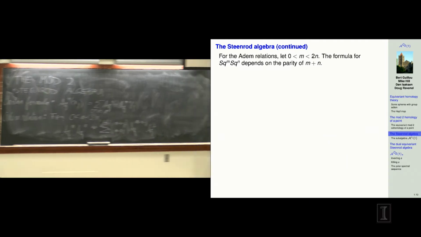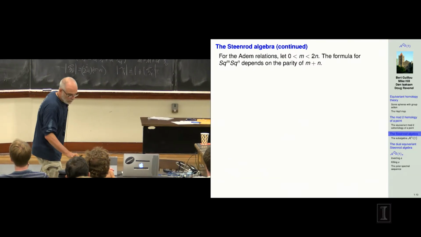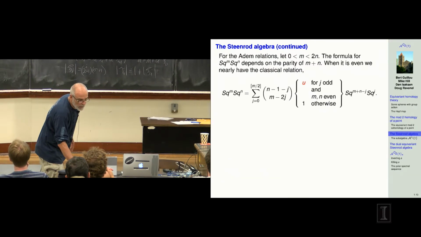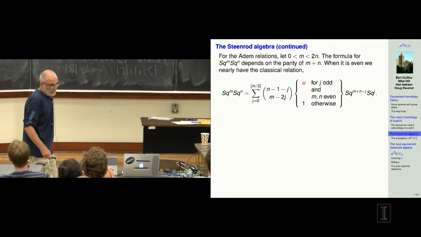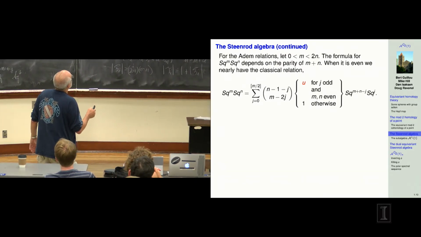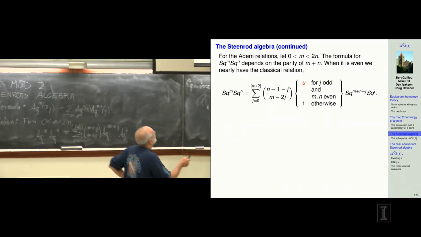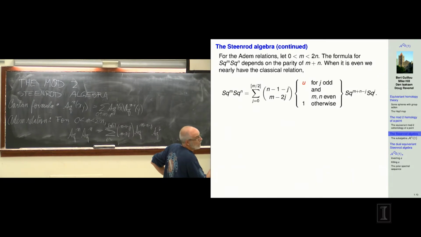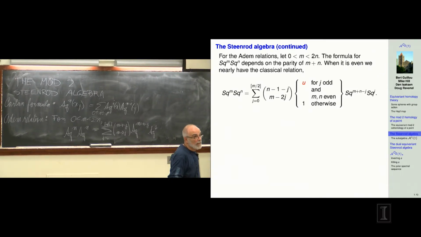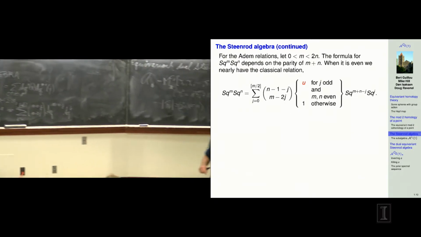It turns out that the formula depends on the parity of m plus n. So here it is in the even case, when m plus n is even. This formula looks very much like the classical formula, except you'll notice that there's a factor of u in certain cases. And again, that factor of u has to be there to make the degrees come out right.